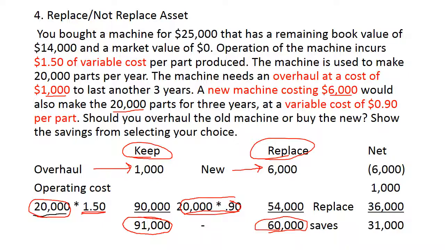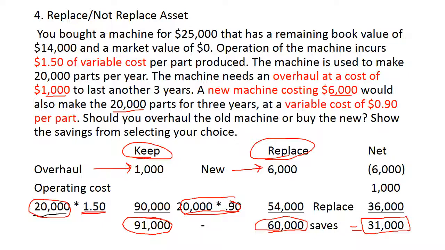So when you compare those two, you take the 91,000, which is obviously more, and the case of replacing it, which cost you $60,000, and the difference would be $31,000 saved if you replace the machine. So the answer would be you'd have $31,000 saved by replacing the machine.